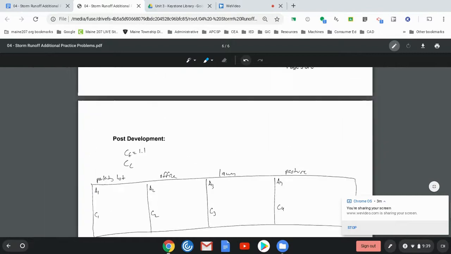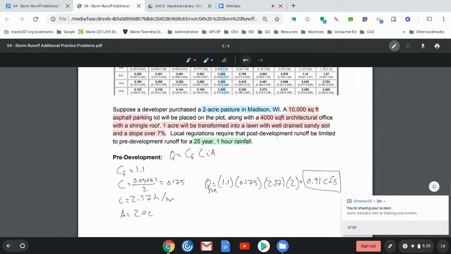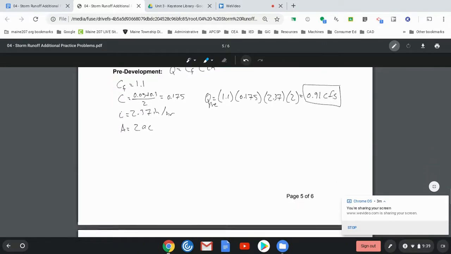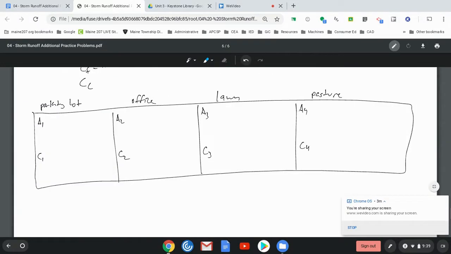All right, let's make sure we have the areas correct. It's a 10,000 square foot parking lot, 4,000 square foot office. So that's 10,000 feet squared, 4,000 feet squared. And the lawn was 1 acre, and then this is just whatever's left over. Convert these to acres, divide by 43,560.